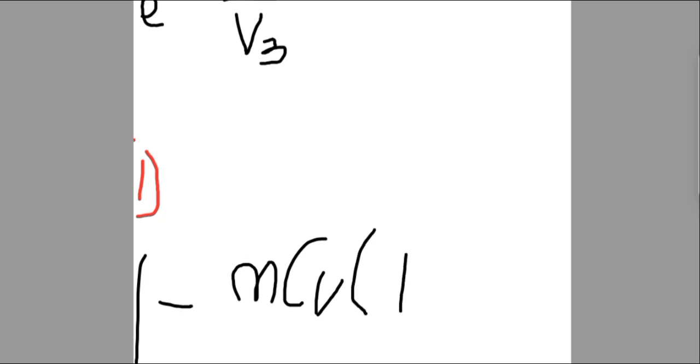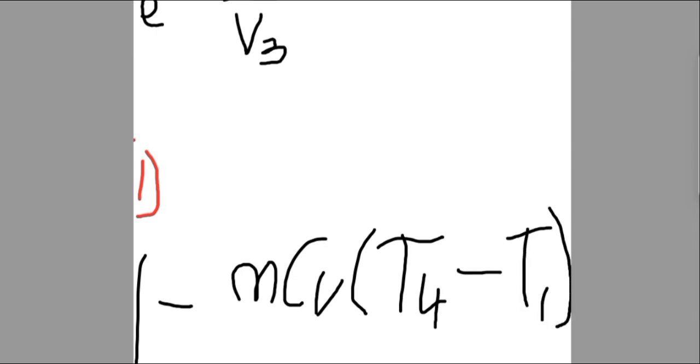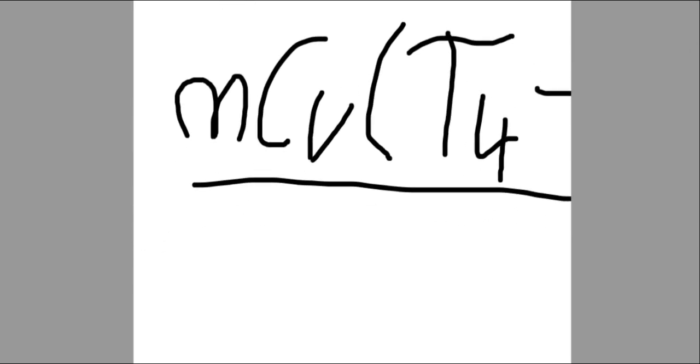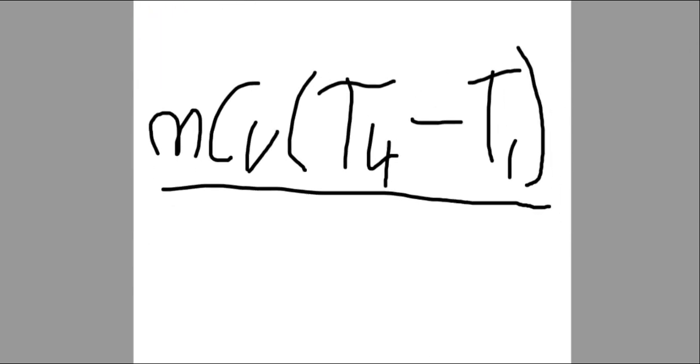We have T4 minus T1. Then we do our brackets, then divided by our Q in. Now for our Q in, when it is added, it is an isobaric equation too. Therefore, we're not going to be using Cv, we are going to be using the constant Cp.